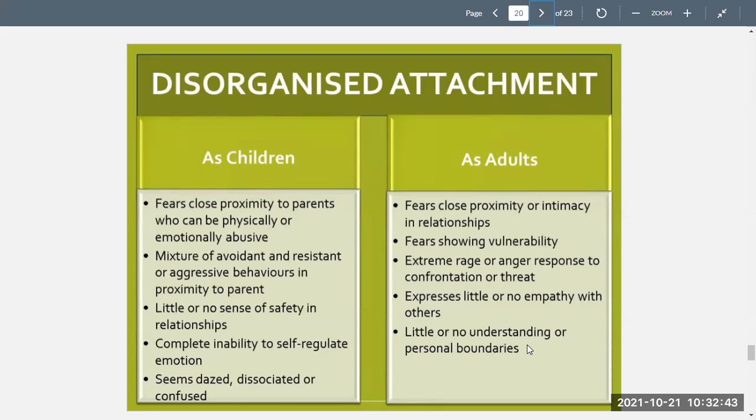So this is their disorganized attachment. So next time you see someone that's a narcissist, they have a big ego, and they exhibit any of these types of behaviors, you can say, oh, that person's disorganized attachment, right?